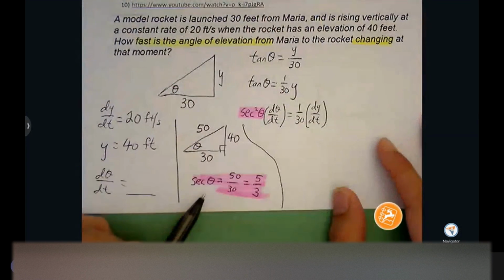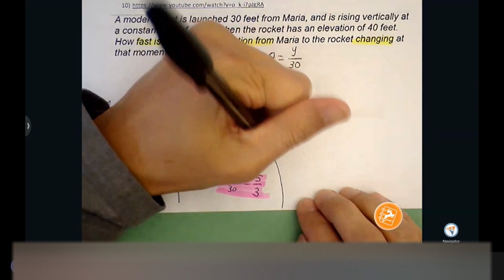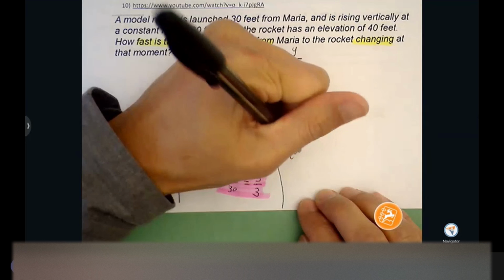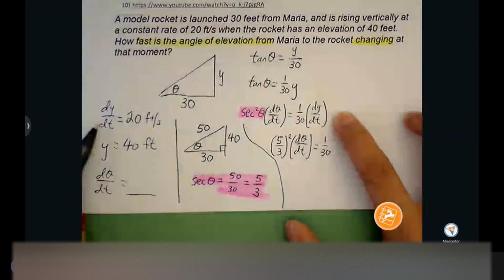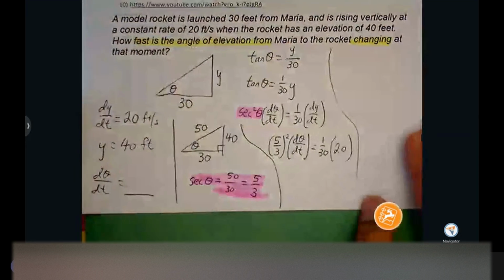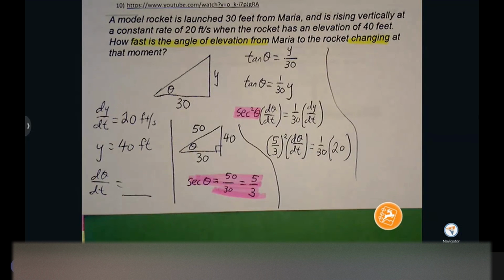Okay, so secant gets replaced with 5/3. Make sure I square that. dy dt is 20. I'm just going to try to isolate d theta dt by itself. I'm going to divide the parentheses over. I'm also going to square it.